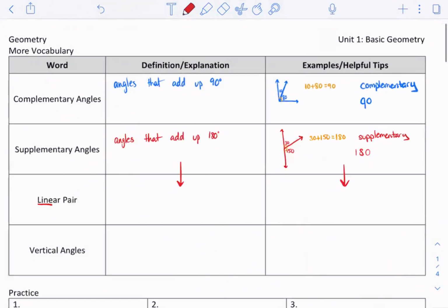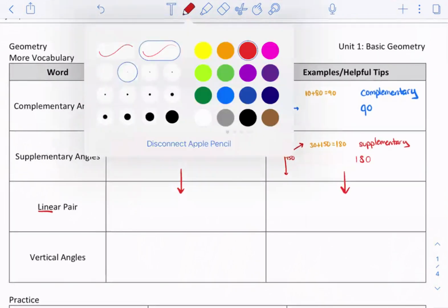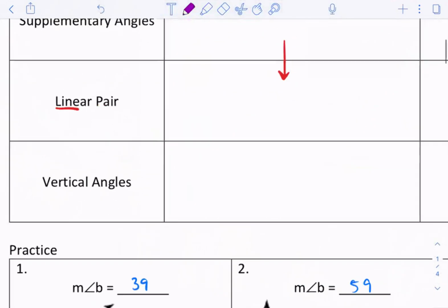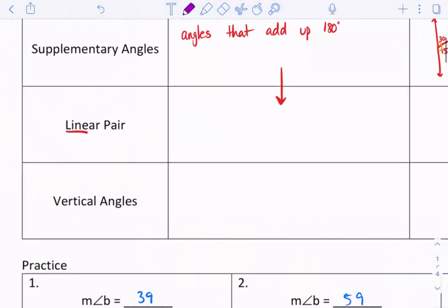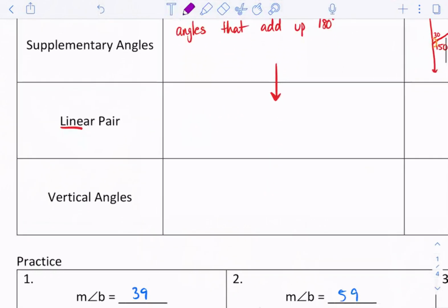And then looking at the last kind of angle I want to discuss with you today, it's called a vertical angle. So vertical angles, it says here, if we're going to explain or define them, are angles formed when two intersecting lines, or where two intersecting lines meet.